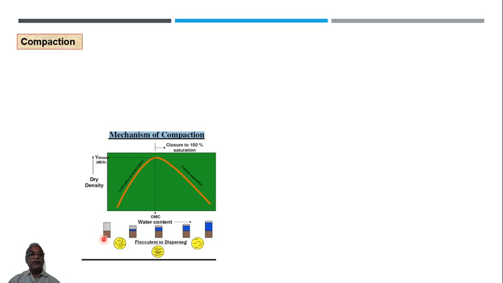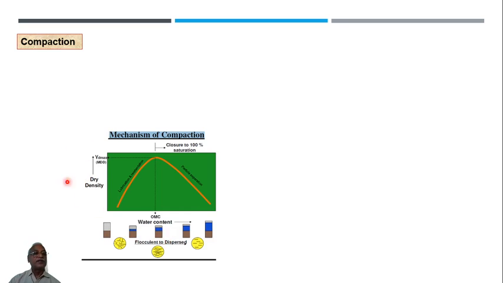Then if you add a little bit of water, that helps in compacting the soil in a better manner. Though the soil particles remain the same, the volume has decreased. If you put more water, there will still be a reduction in volume. Because of that, dry density increases.